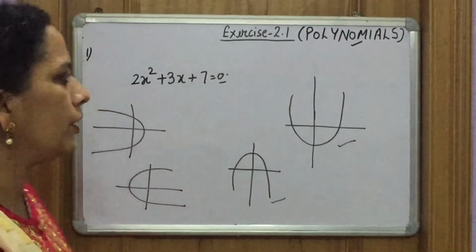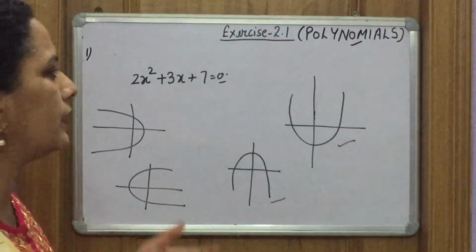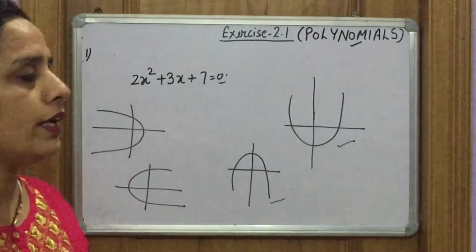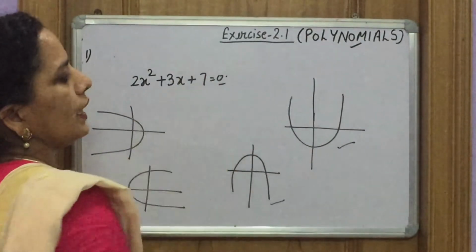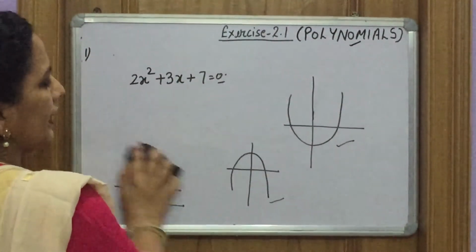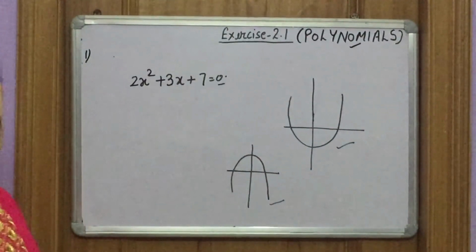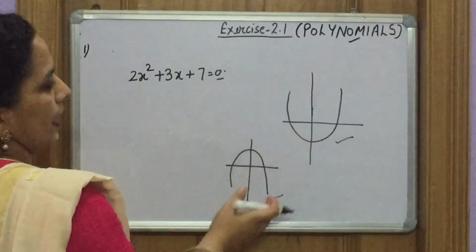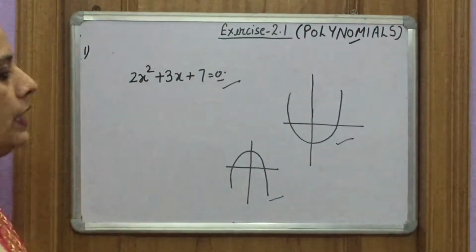So first of all, we need to understand that this type of graph is always called a parabola, and this is the graph of a quadratic equation. We have to just find out the number of zeros of this parabola, or we can say graph of this quadratic equation.